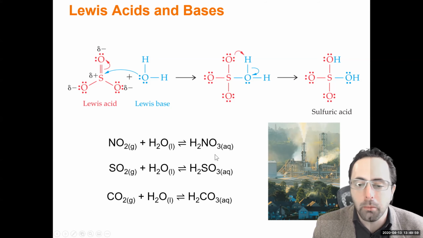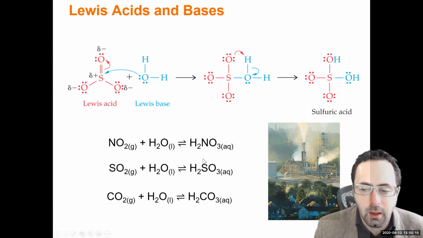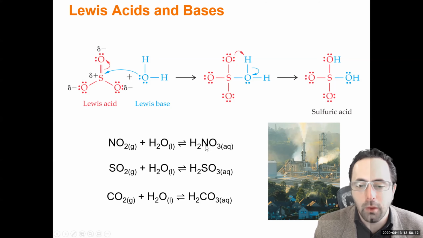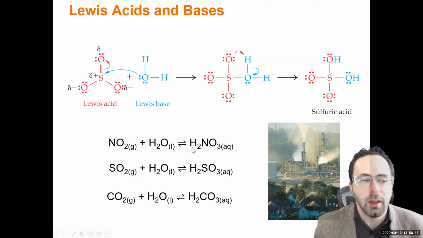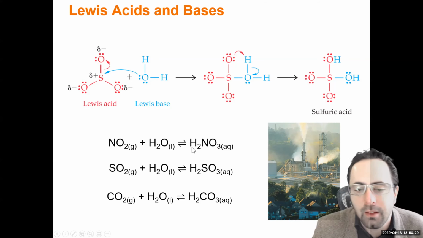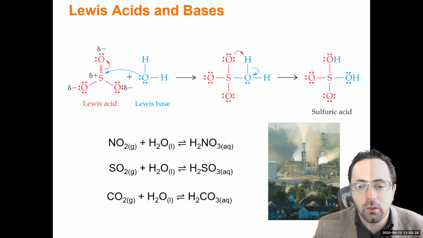It was a big problem, particularly in highly coal-burning cities like London back in the late 1800s, or some of China, even more recently than that, where there's a lot of burning happening. You get a lot of reaction of these pollutant molecules with water, and they produce acids, which leads to acid rain, which then goes into the ponds and lakes and kills wildlife, and also does damage to rocks and structural materials and stuff like that.